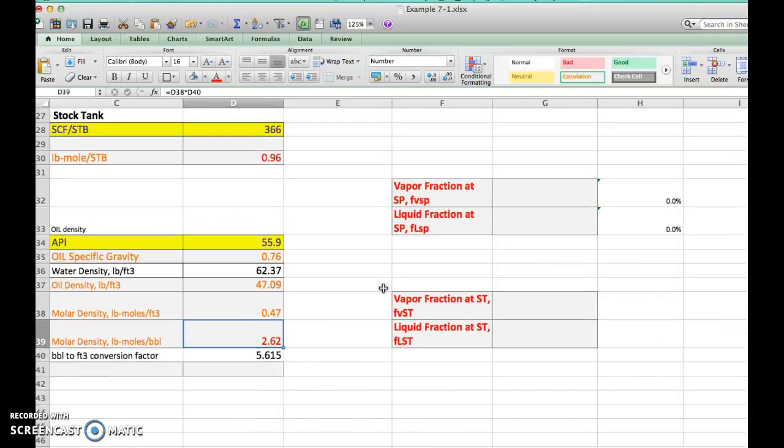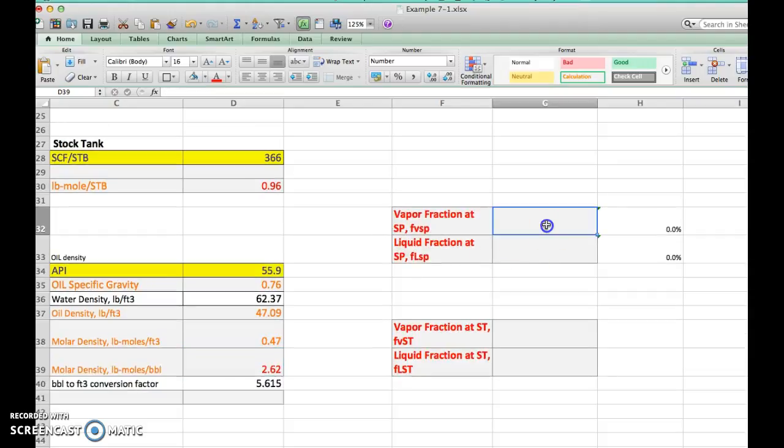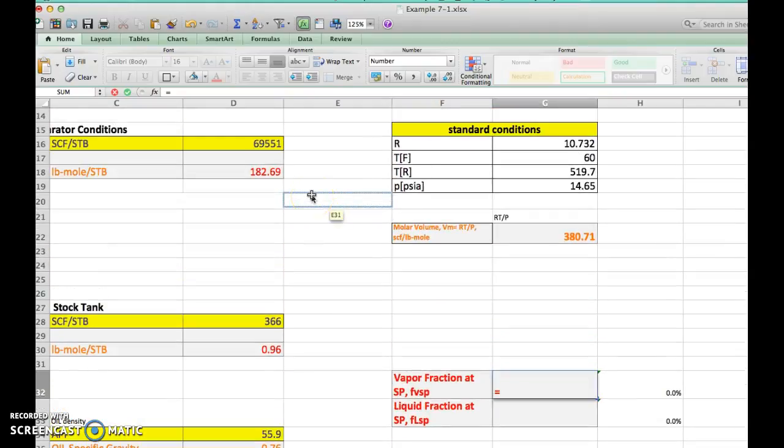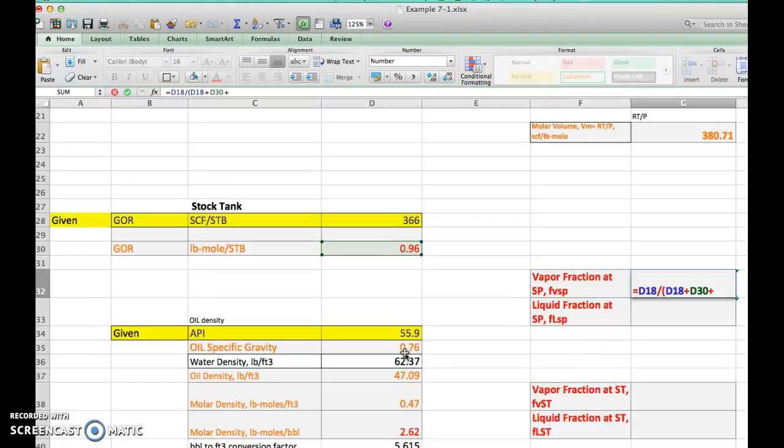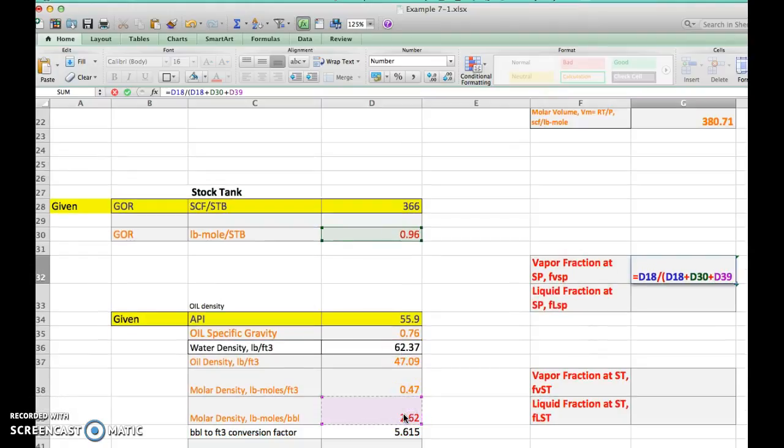To create a vapor fraction is very easy since we're dealing with the moles. Basically, vapor fraction at separator would be the number of moles at separator divided by the total number of moles, which would include the separator gas plus stock tank gas plus the stock tank oil.